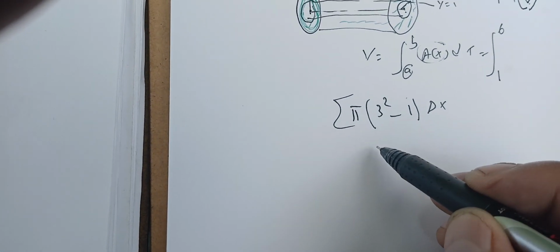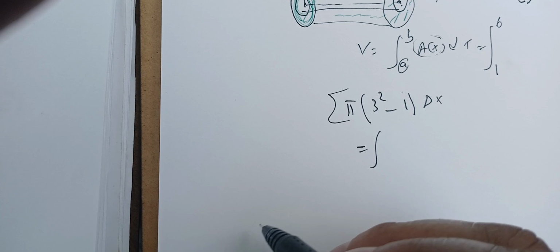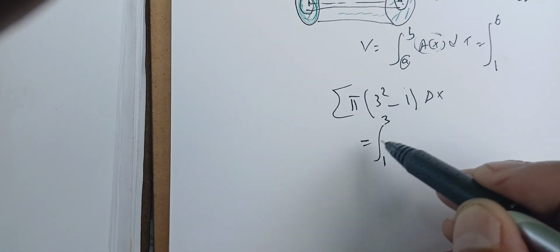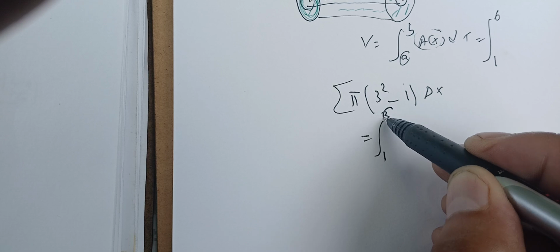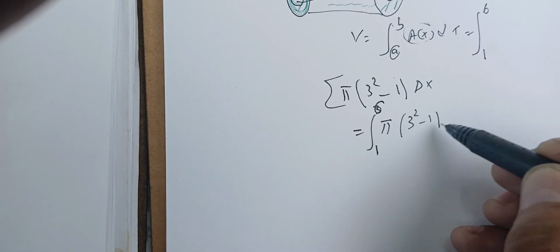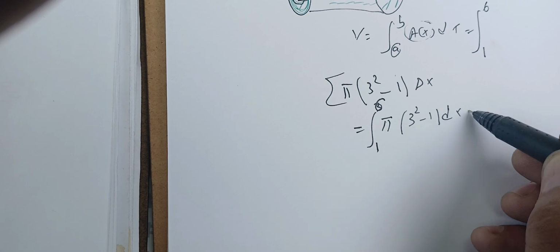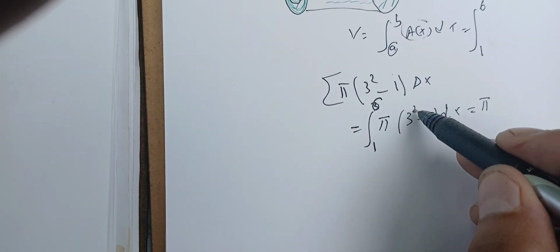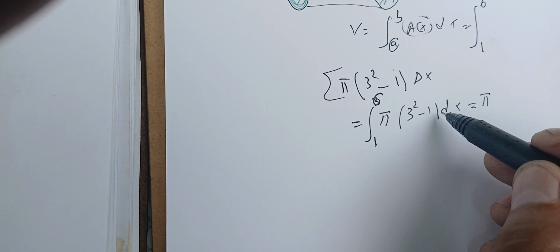When we sum up, we get the volume. This is a Riemann sum between 1 and 6 of pi times (3 squared minus 1) dx. So here, pi is just a constant. 3 squared is 9, minus 1 is 8.